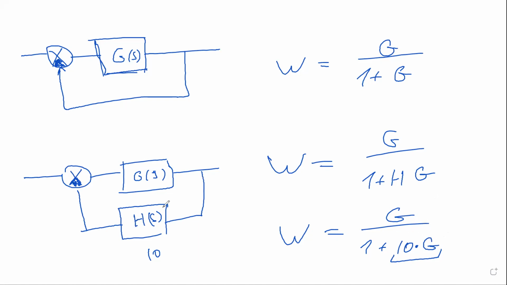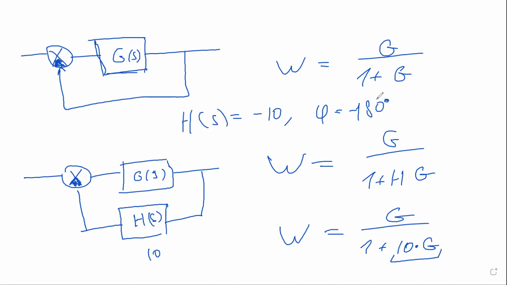This guy can also have a phase shift. Like it can be a function that shifts the phase, right? A real number, of course, has phase 0. But if H of s, for example, was -10, its phase would be 180.